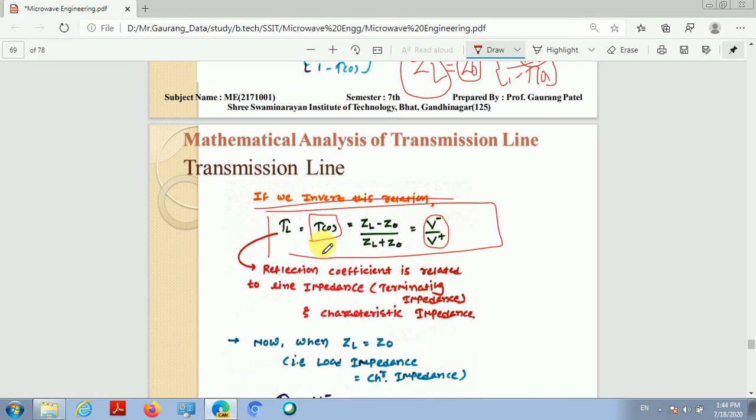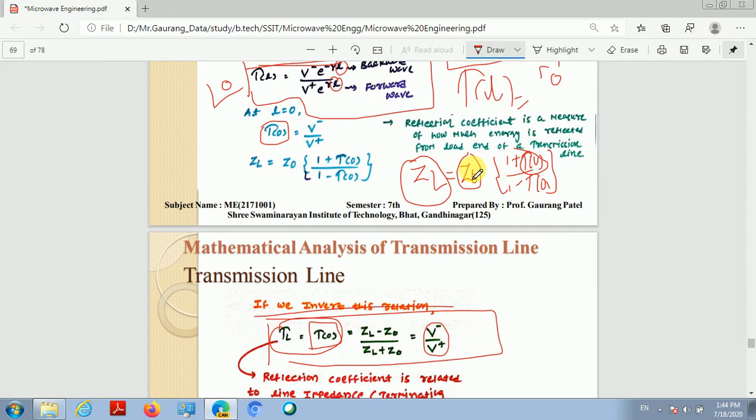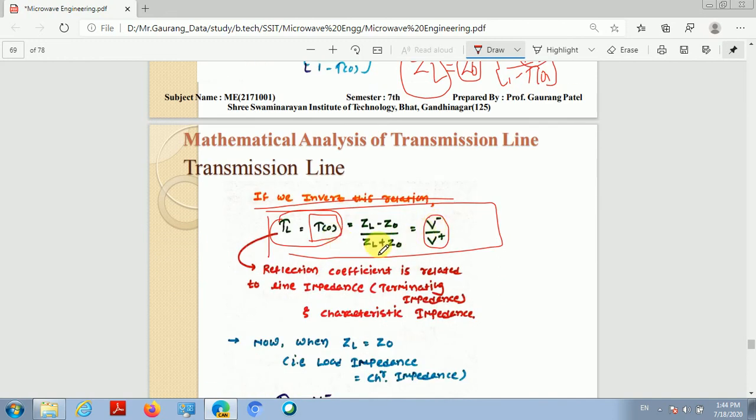So you can see this reflection coefficient parameter, which is the measure of the reflection on the transmission line, how much energy is reflected back, is related to the load impedance ZL and the characteristic impedance Z naught.